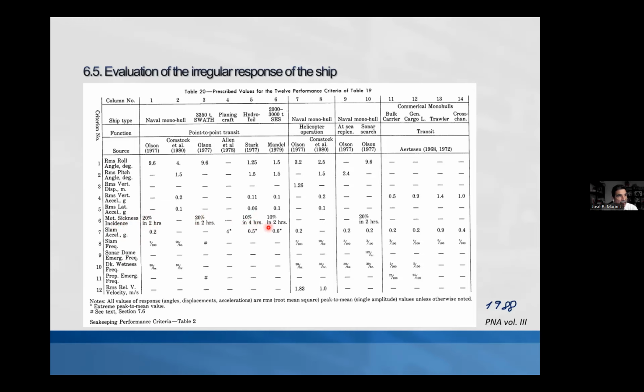What does this mean? If you have a group of persons on board, you could have no more than 20% of the people vomiting in the ship after 2 hours of exposure. That's the meaning of this parameter.